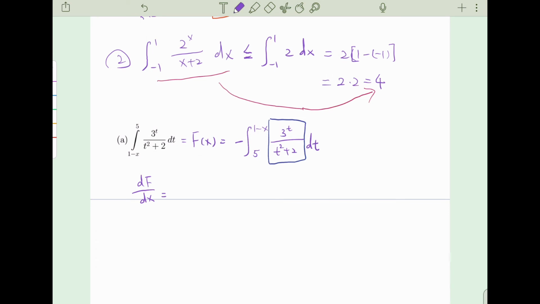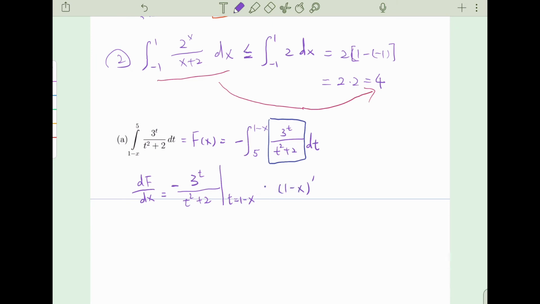That is 3t divided by t squared plus 2, with t replaced by 1 minus x. And this is going to multiply with the derivative of 1 minus x. Of course, we have a negative sign here.